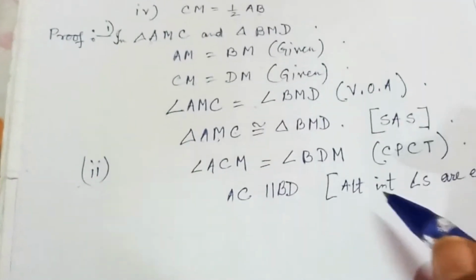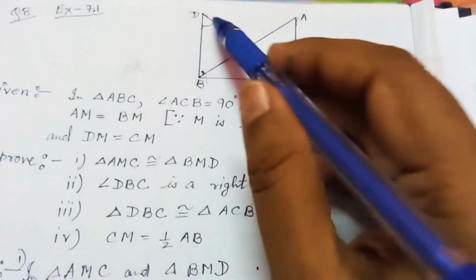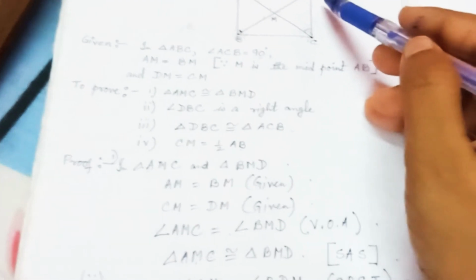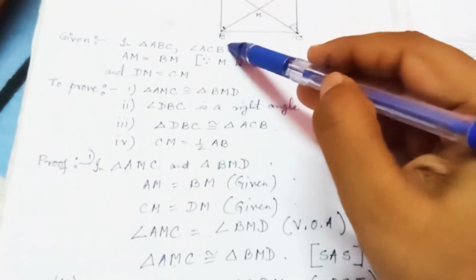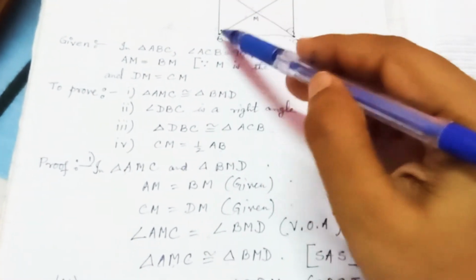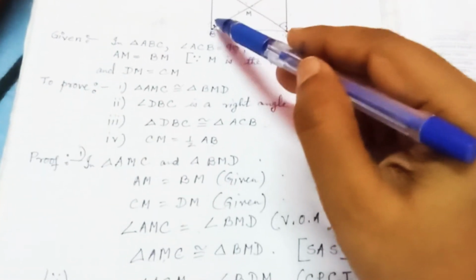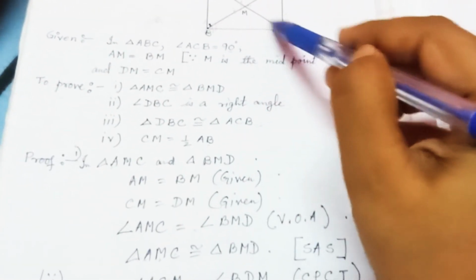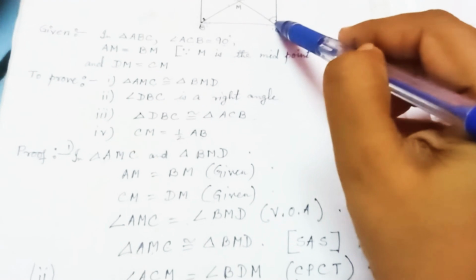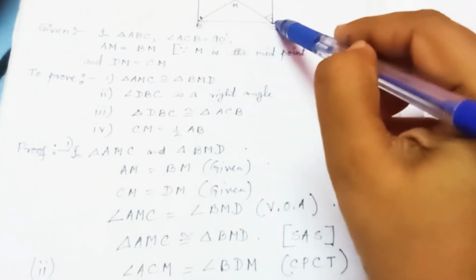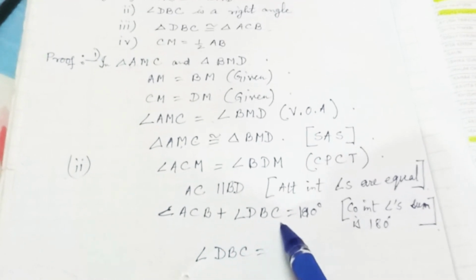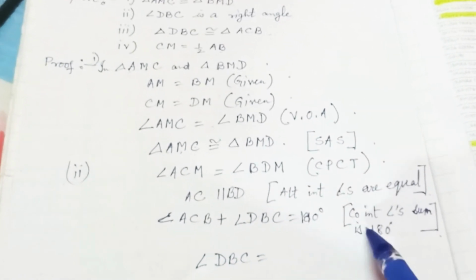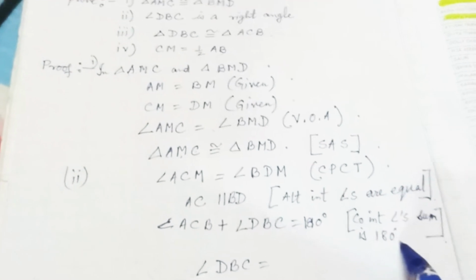If these two lines are parallel, then the sum of co-interior angles will be 180 degrees, because co-interior angles are supplementary. So we write angle ACB plus angle DBC equals 180 degrees.